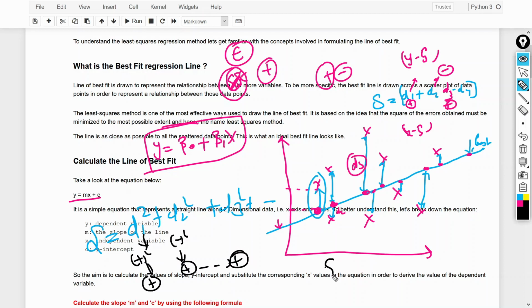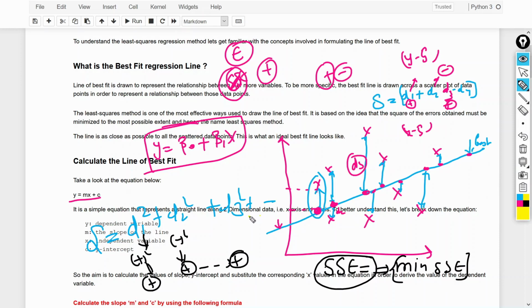This way we get the sum of squared error. We use this error metric to check the total sum of the errors of all the data points. So to get the best fit line, we try to get the minimum value of this SSE, right?